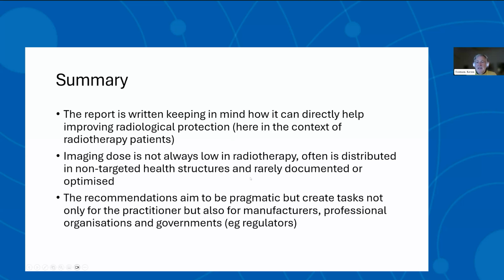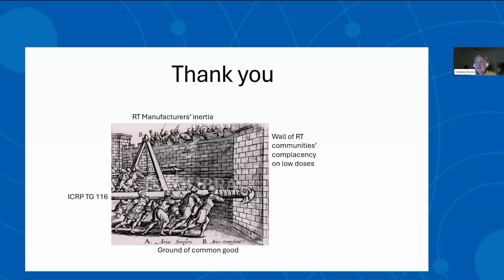So there is some action to be taken from that. And the recommendations aim to be pragmatic, but create tasks not only for practitioners, but also manufacturers, professional organizations, and governments. And we hope that this has then an impact on the radiotherapy practice.